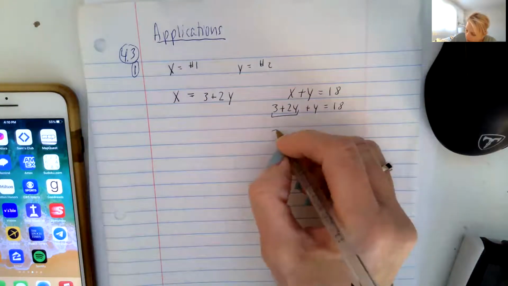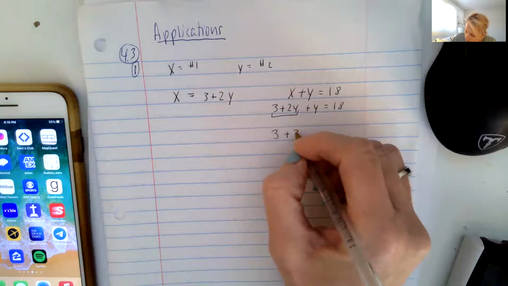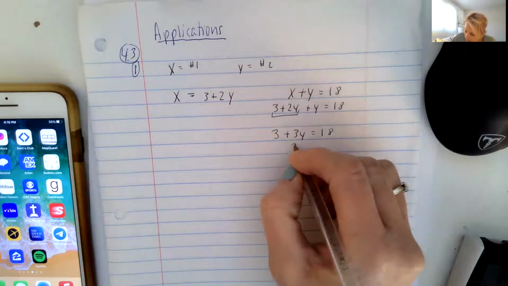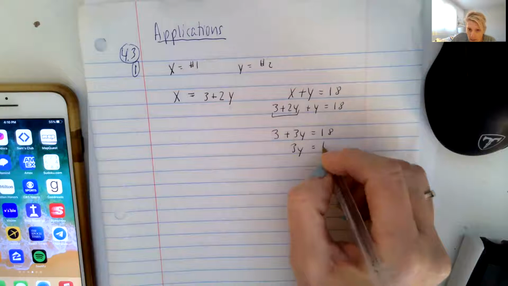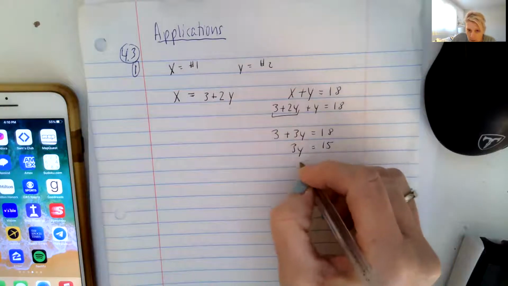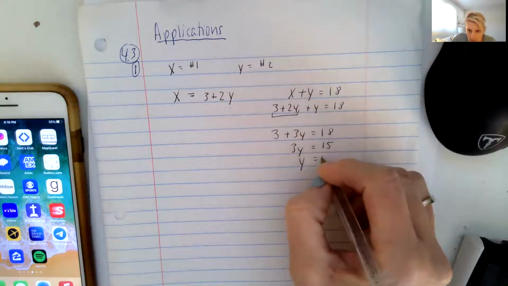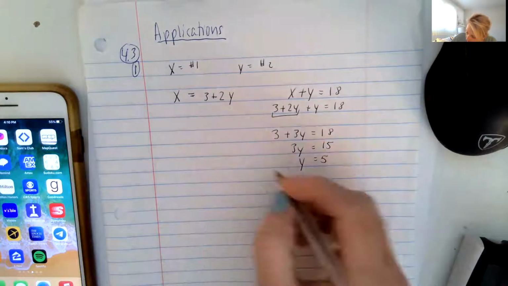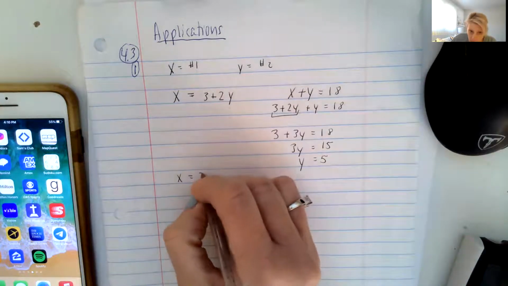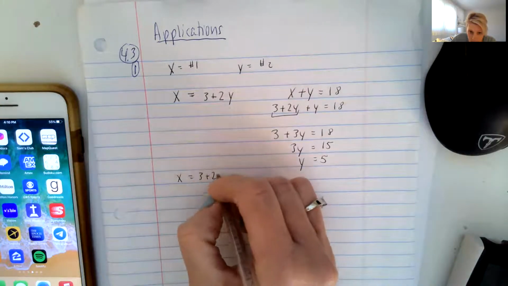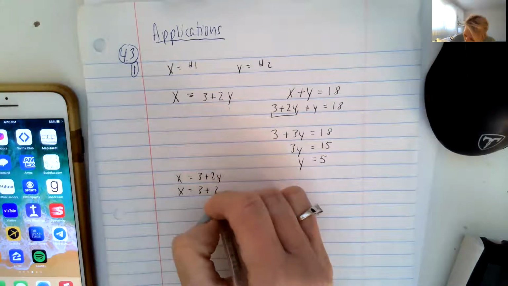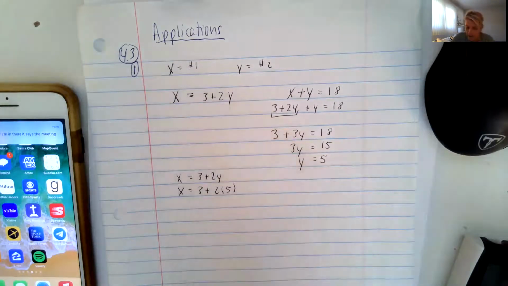So now I have 3 plus 3y equals 18. And then when I subtract 3, I get 3y equals 15, and divide by 3, I get y equals 5. Then I know that x equals 3 plus 2y, which is 3 plus 2 times 5.